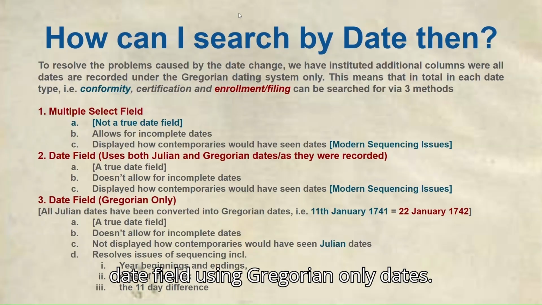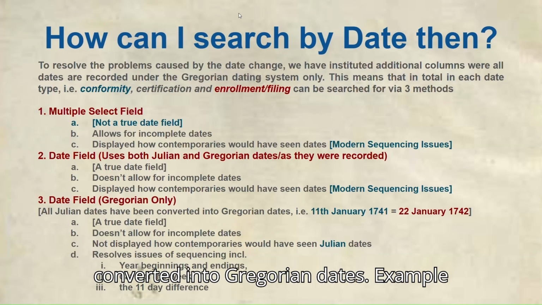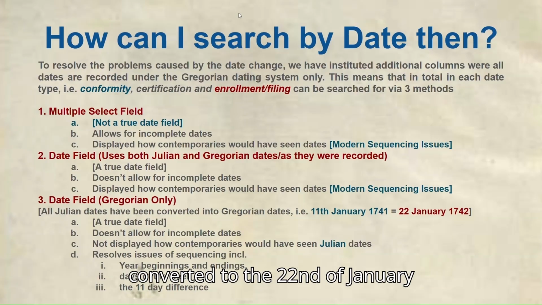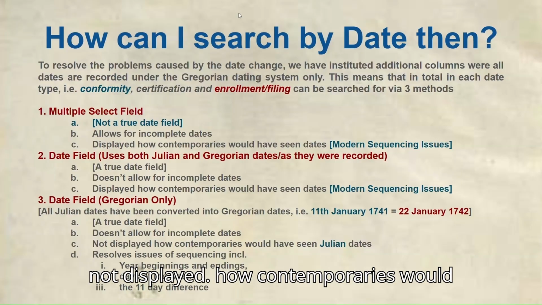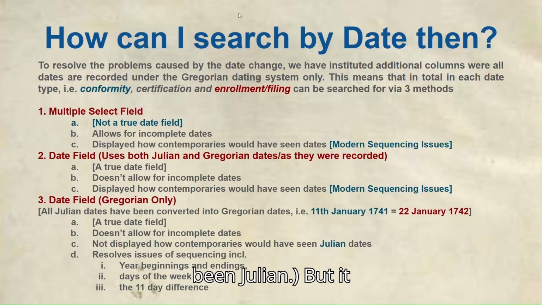Method 3. The date field using Gregorian only dates. All the Julian dates have been converted into Gregorian dates. Example, the 11th of January 1741 is converted to the 22nd of January 1742. This is a true date field. It doesn't allow for incomplete dates. It's not displayed how contemporaries would have seen dates, those that would have been Julian.